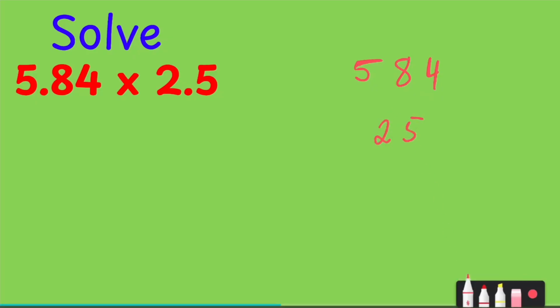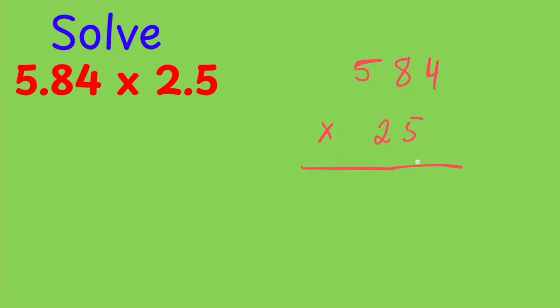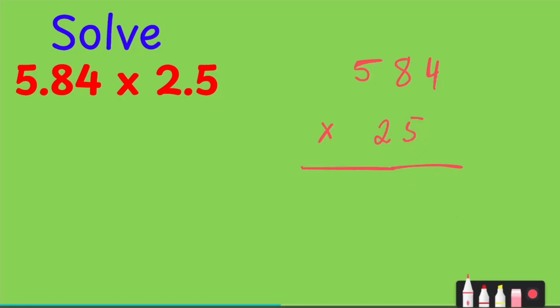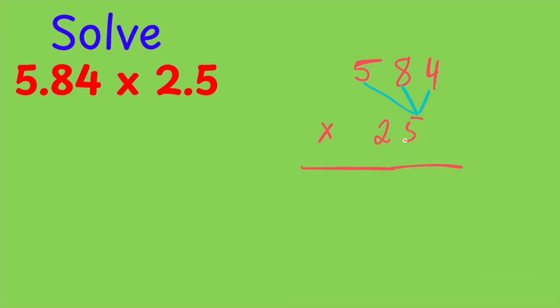In this problem, we are multiplying decimals, but as we said before, don't forget to write them vertically without the decimal point. Then start to multiply as in the previous example. Start to multiply 5 by 4, by 8, by 5.